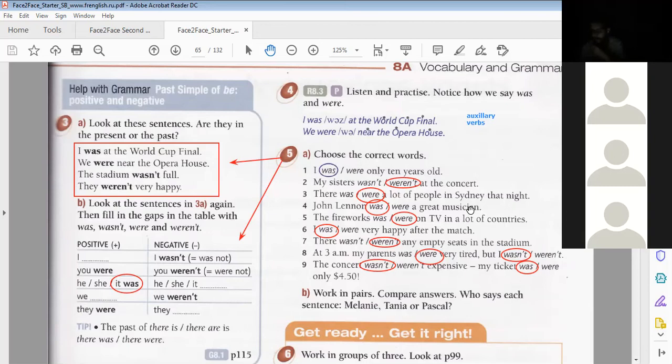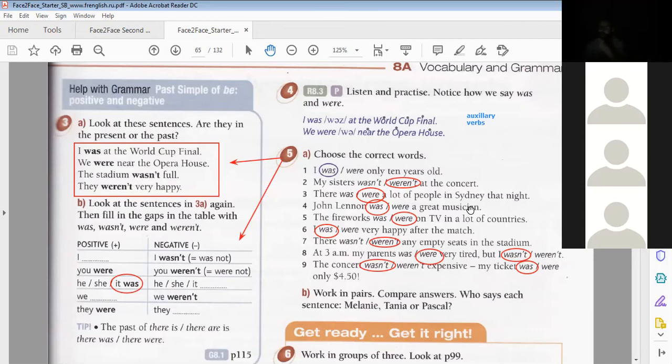But in the final World Cup match, there were 17,000. Yes, you're right. There were 17,000 free seats or empty seats. But in the World Cup, there weren't. It was a full stadium. Okay. Number 8. My parents were very tired, but I wasn't.